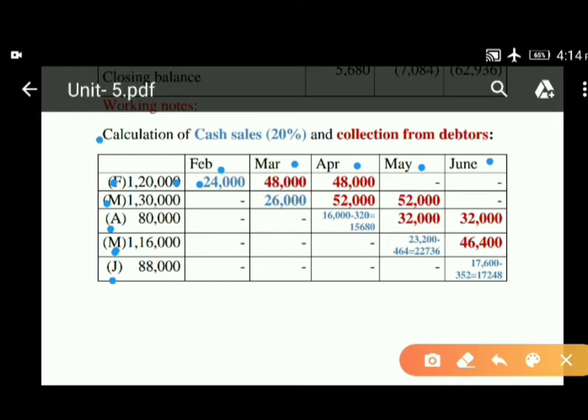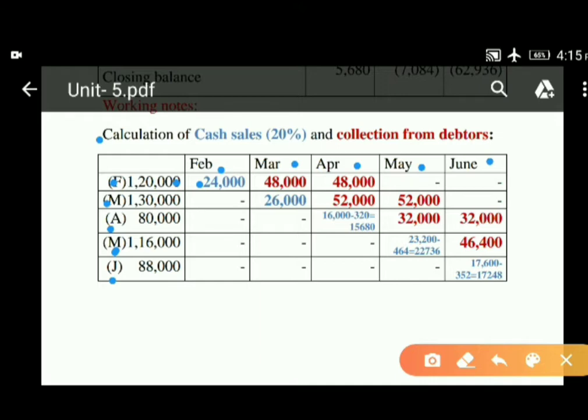Okay, so actual sales are 1,20,000. Out of 1,20,000, we have collected 24,000 immediately in that particular month, that is February. So that means remaining 96,000 rupees are credit sales.